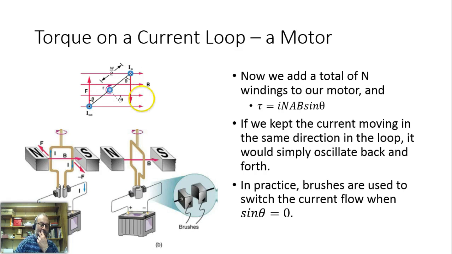Here's what we do. This is fundamentally how we make a motor. So you've got a current loop in a magnetic field. It rotates. When you get to the crossover point, you use brushes like you see here to change the direction of the current, so that when you reach the crossover point, that current is going into the page, and this current is coming out of the page.